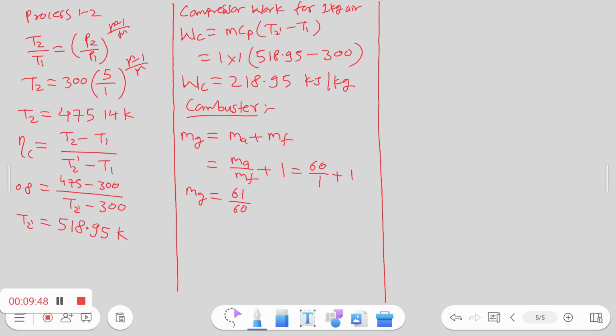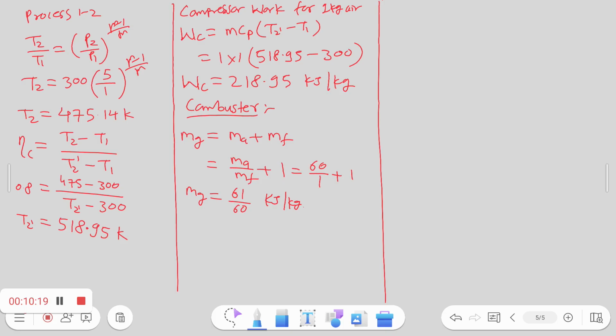That is your mass of gas, kilojoule per kg, right? Now next, 61 by 60. See, the air fuel ratio is given as 60 to 1.